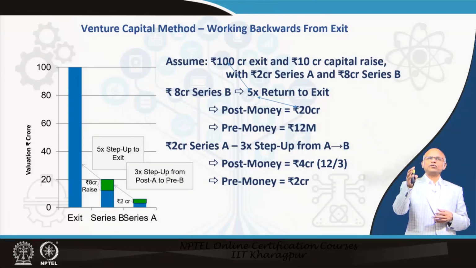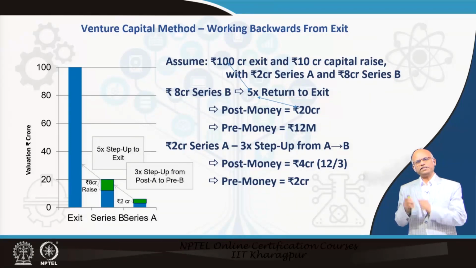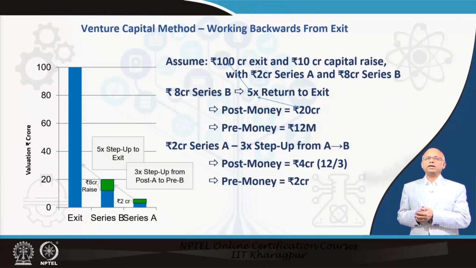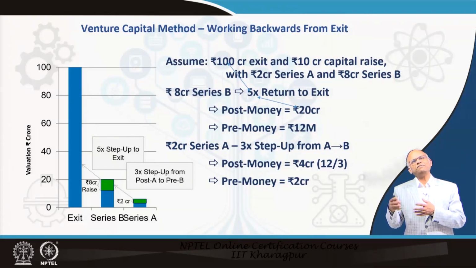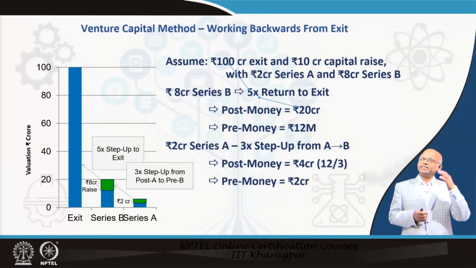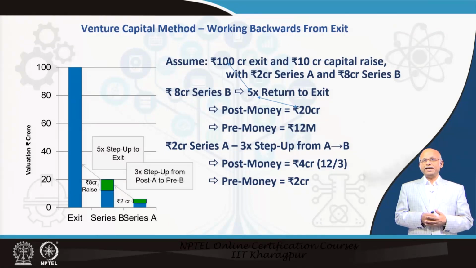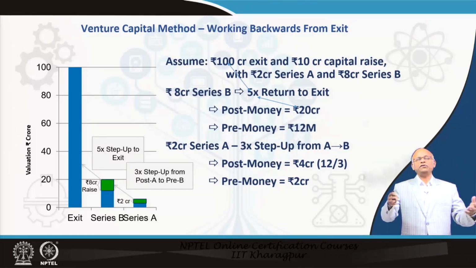Deduct 8 crore rupees of funding that you have received from them, you get the pre money value, that is 12 crore. Now, you know 12 crore rupees is the pre money valuation in the second round, that becomes the exit value for the first round. For the first round, your investor wants a 3x return at the end of 3 years, and at the end of 3 years the exit valuation of the company is 12 crore.